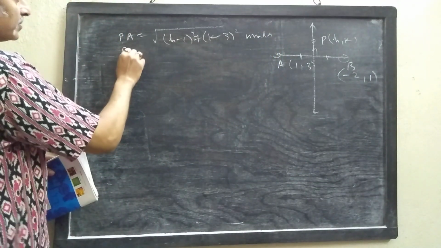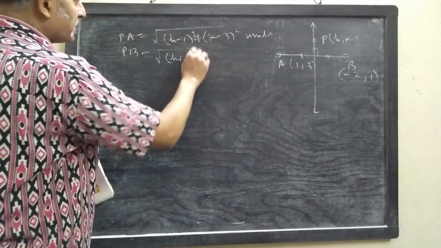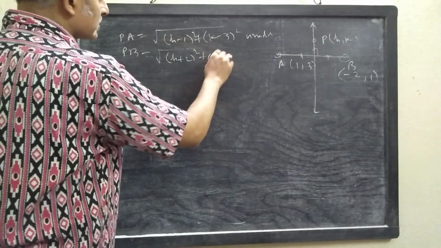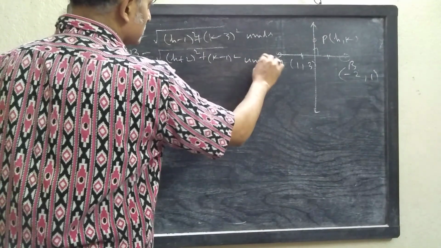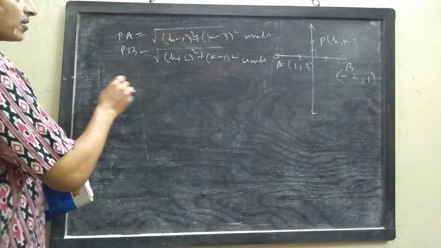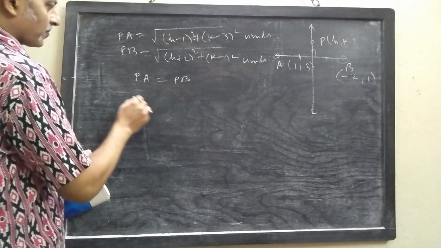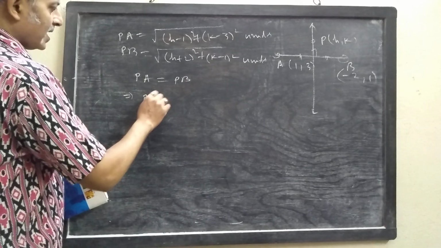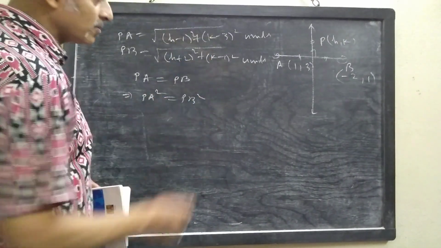Next write PB: root over (h plus 2) whole square plus (k minus 1) whole square units. Now, according to the given restriction, PA equals PB. That implies PA square equals PB square. We do this step to remove the root sign.